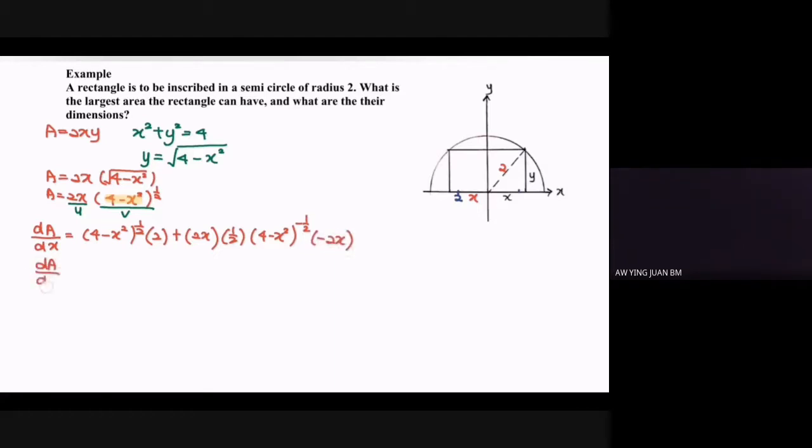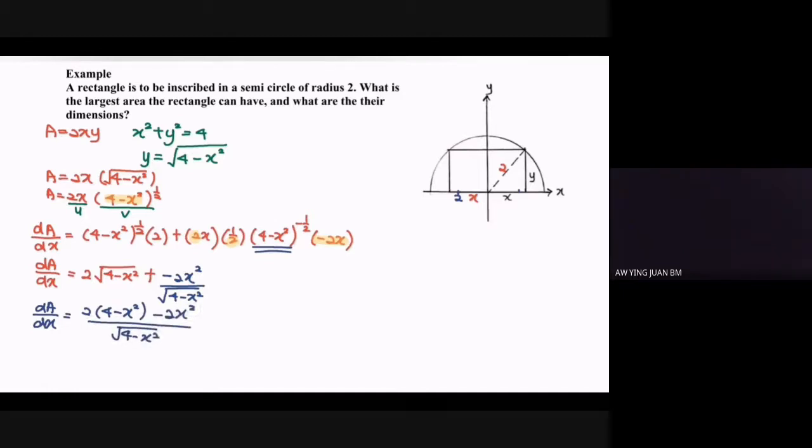dA/dx is equals to 2 square root of 4 minus x squared plus, if we simplify the situation, and we multiply with this part, we will have negative 2x squared. Here we have negative 1 over 2, so the situation will be over square root of 4 minus x squared. dA/dx, if we equate the denominator, we will have 2 bracket 4 minus x squared minus 2x squared over square root of 4 minus x squared.